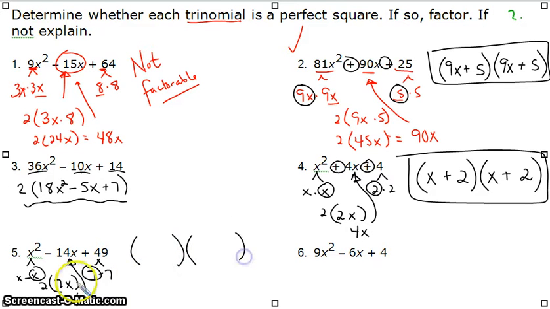What do they both start with? An x. What do they both end with? A 7. Now I've got a minus sign in the middle here. When that happens, that means these 2 are going to have to be negative. Double check. What's negative 7 times negative 7? Positive 49. What's negative 7 plus negative 7? Negative 14. Excellent. So this is your answer.